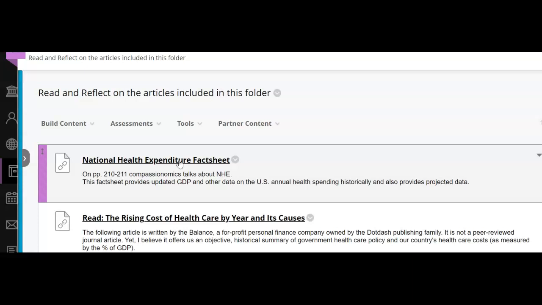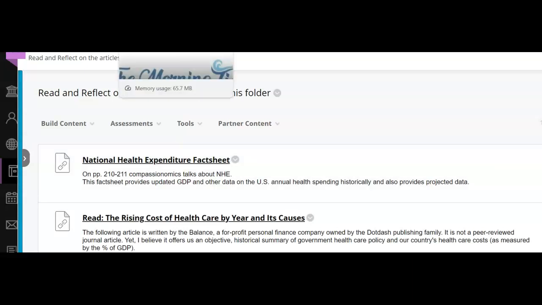So you can see, even from the writings of Compassionomics, how healthcare costs have risen exponentially. And if more money is spent on healthcare, less money is available for other services.